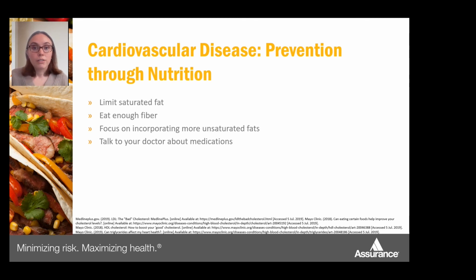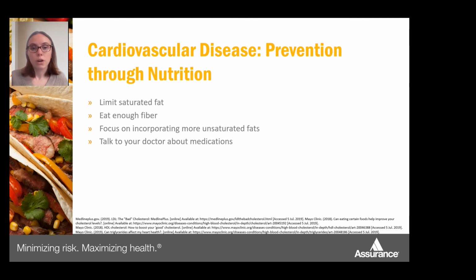And we also want to eat enough fiber. We talked about how great fiber was for us a couple slides ago, but fiber does help to maintain our blood cholesterol levels because it works to block the absorption of cholesterol within our bloodstream. If we can reduce the amount of cholesterol that's absorbed, it won't build up as much in our arteries. So eating fiber is going to be great for our overall heart health.